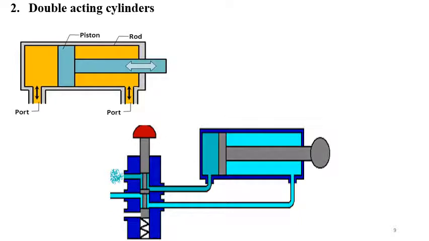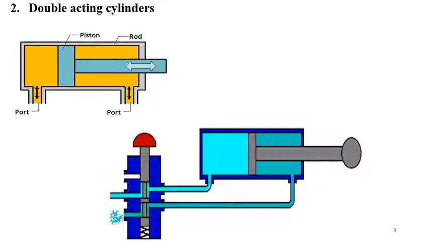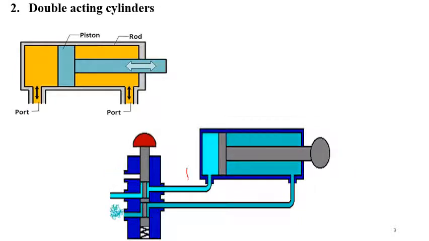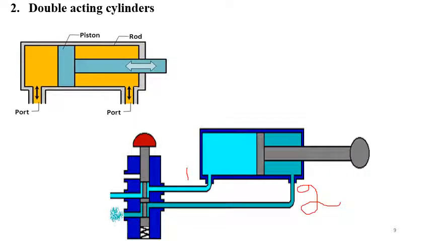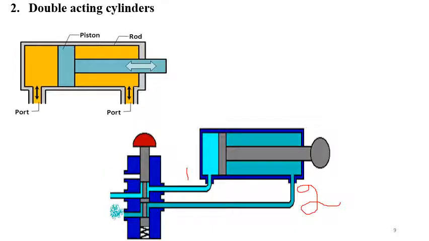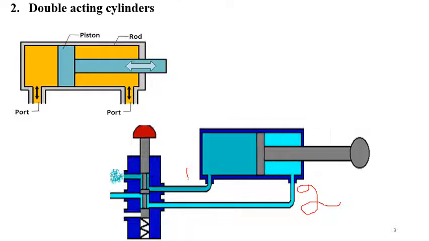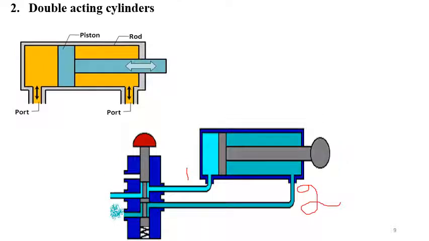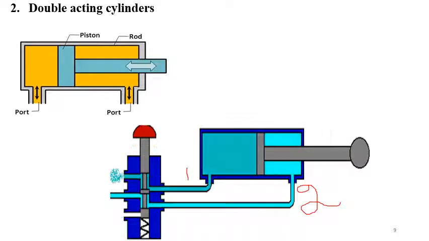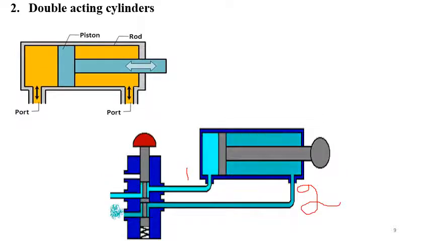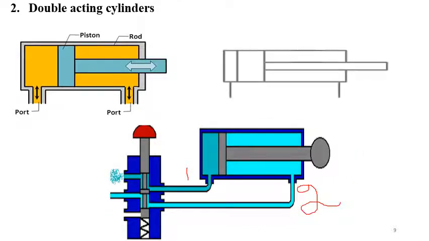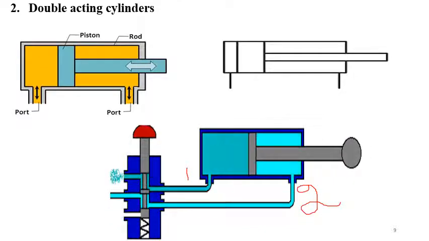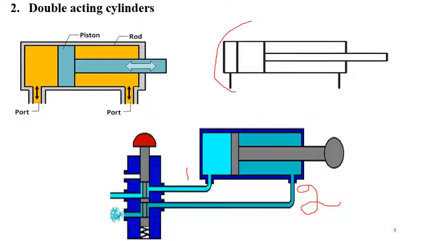Suppose you consider this one as port number 1 and this one as port number 2. During extension of the stroke, port number 1 acts as inlet, port number 2 acts as outlet, and during retraction, port number 2 acts as inlet and port number 1 acts as outlet. This is the symbolic representation of the double acting cylinder.